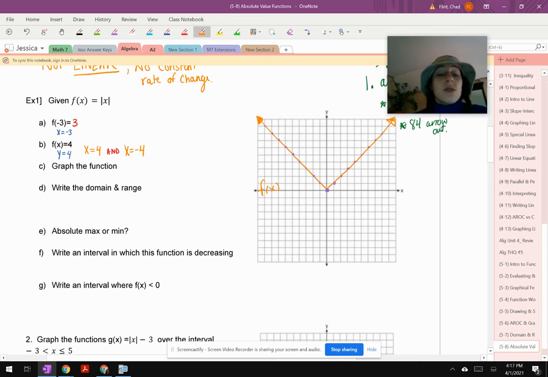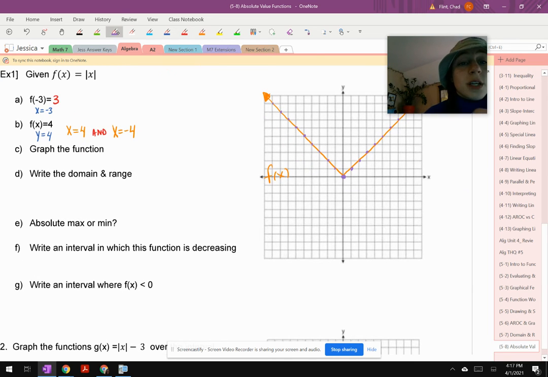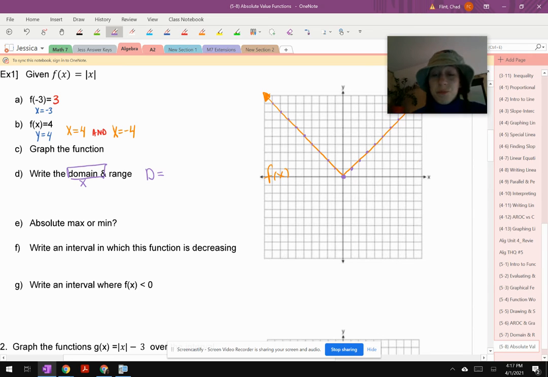Part D, asking us to write the domain and the range. We'll do that and then we'll take a break. So again, domain is talking about my x values. Just like those parabolas that we looked at back in 5-7, this is also going to not only go up forever, but it's also going outwards forever, getting wider and wider and wider, as you can see in the picture.